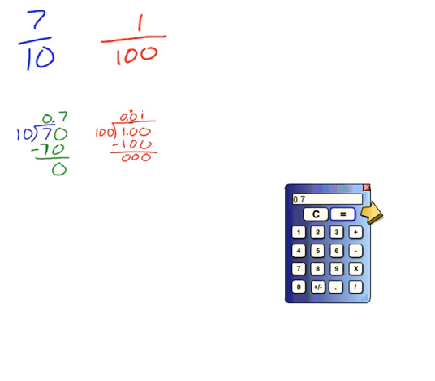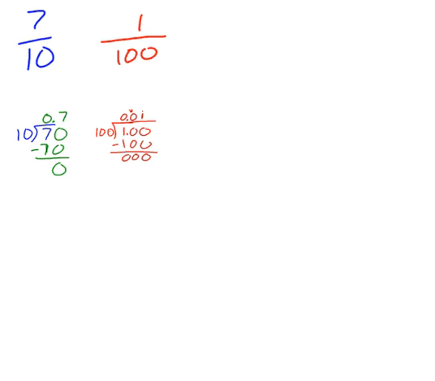Now let's see if we can keep following this trend here. 19 divided by 100. Draw it out. Here's our 19. Here's our 100. How many times does 100 go into 19? We can say 0. We can add a decimal place and then put another 0 here. How many times does 100 go into 190? Well, we can get 1 out of that, can't we? 1 times 100 is 100.